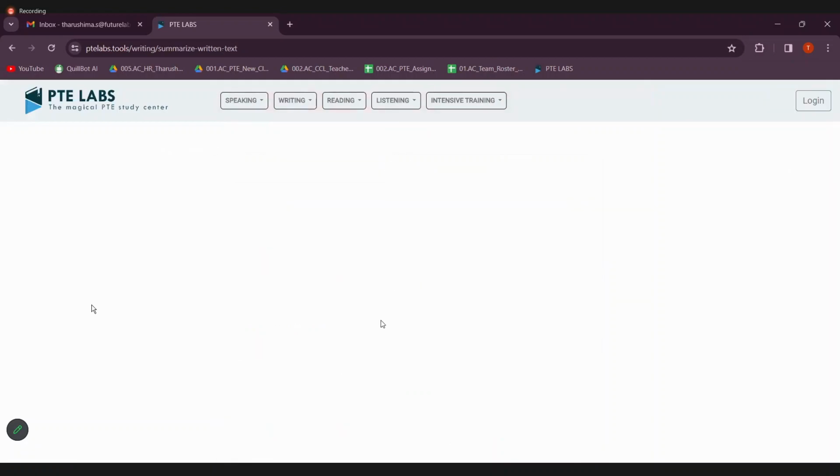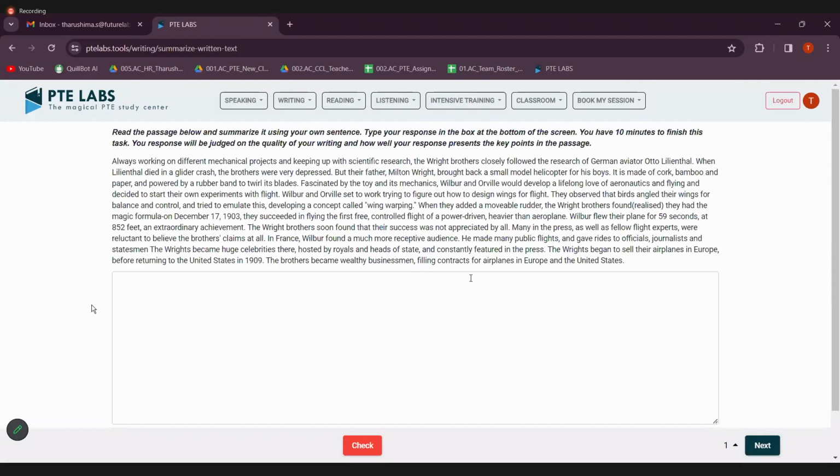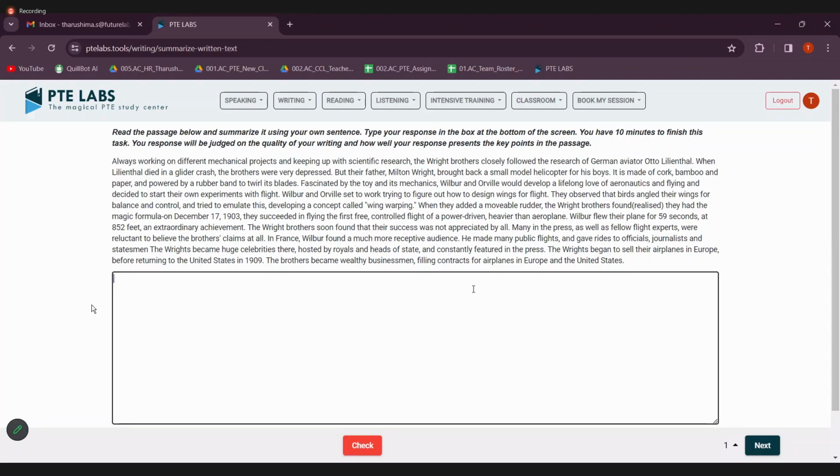Do you have any question about this component?